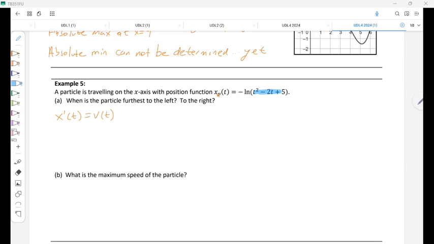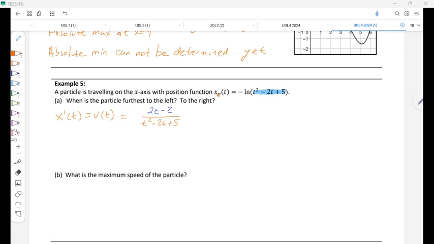Our argument is t squared minus 2t plus 5. Baked in there is that it can never be negative, otherwise the particle could not be traveling on the x-axis with this function because the function would be undefined. We end up with the chain rule part, which is 2t minus 2, over the ln part, which is 1 over the argument, t squared minus 2t plus 5.